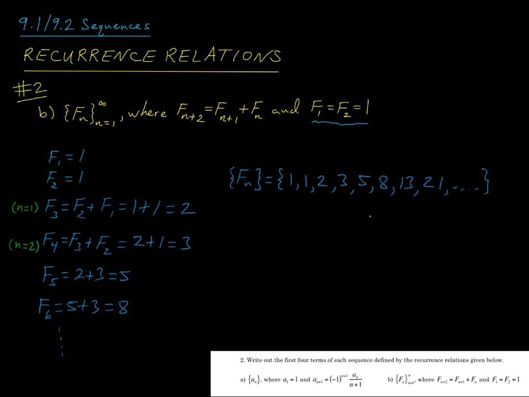Now this is a rather special sequence. This is what's known as the Fibonacci sequence. You might have seen this somewhere before. It was first described by Leonardo Fibonacci in relation to a group of rabbits with particular breeding habits.